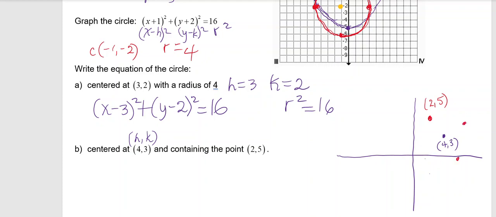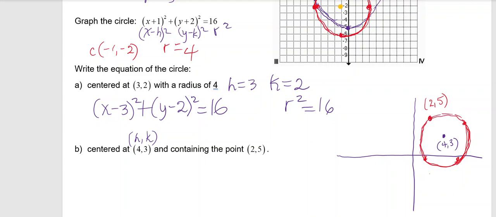I'm going to put a few other points here that are going to help me do that. So here's this circle that is centered at (4, 3), passing through the point (2, 5), and whatever these other points are. I don't need to know what they are. I just need to get an idea of how I'm going to figure out what the equation of this circle is.